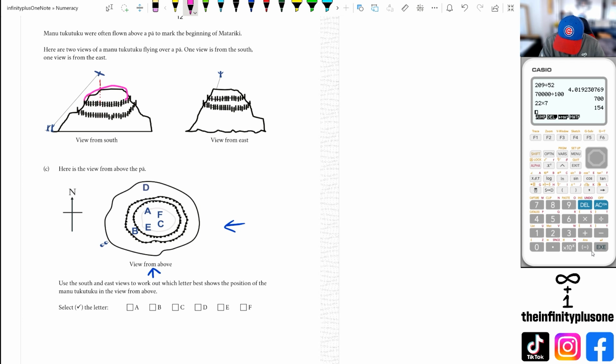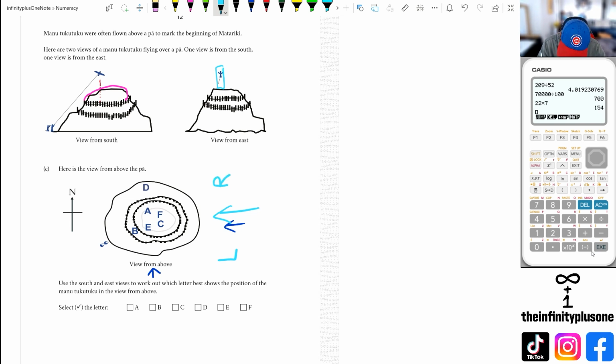Now, when you look at it from the east view, you are looking at it from this direction. And we're looking at it that's closest to the left side. So it's kind of like turning your thing. So this becomes your left side of the view from the east. This becomes the right side of the view.